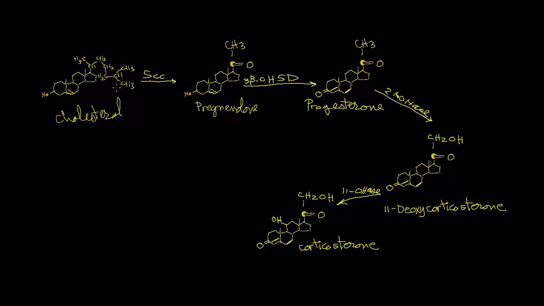So just to summarize the common steps in the biosynthesis of both mineral and glucocorticoid, we mentioned that in cholesterol, the side chain is cleaved between carbon 20 and 22 in a reaction catalyzed by the side chain cleaving enzyme, which is a mitochondrial enzyme, to produce the 21 carbon pregnenolone, which still has an OH group attached to carbon atom number 3 like cholesterol, and also still has the double bond between carbon 5 and the carbon 6 as in cholesterol.